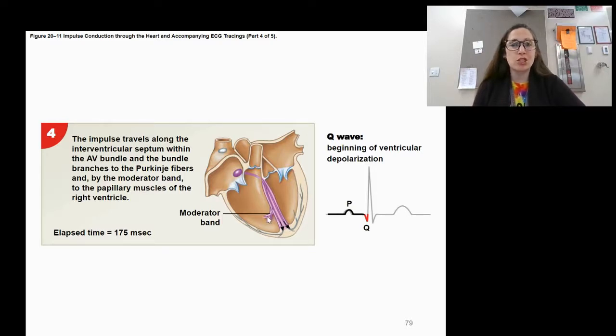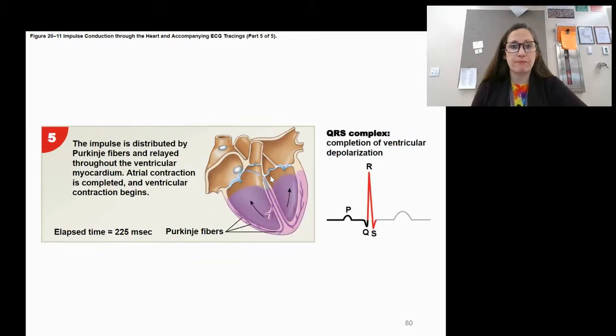And what that's going to start to do is it's going to initiate the papillary muscles. It's going to stimulate those papillary muscles to be able to close up those AV valves. And we want them closed so that we can contract the ventricles and that our blood flow can go in one direction, up and out, either through the pulmonary semilunar valve or through the aortic semilunar valve, and go either out to the lungs or out to the aorta and the rest of the body.